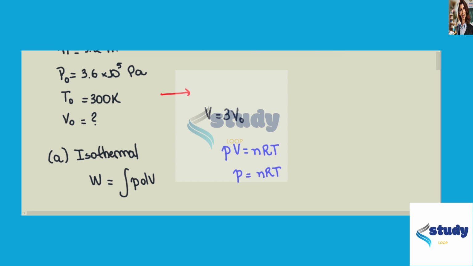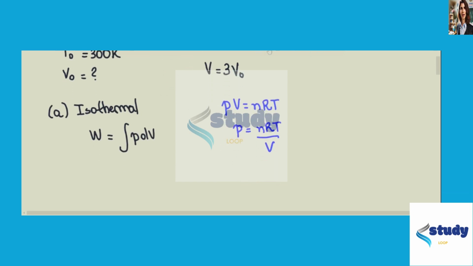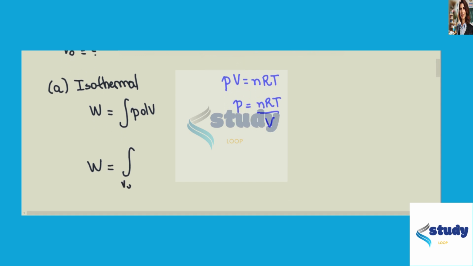So P is nRT over V. nRT is constant because T is constant in this case, and we have to calculate the work from the initial volume, which is V0, to the final volume, which is 3V0, of nRT divided by V dV. So this is nRT times the logarithm of 3V0 over V0.